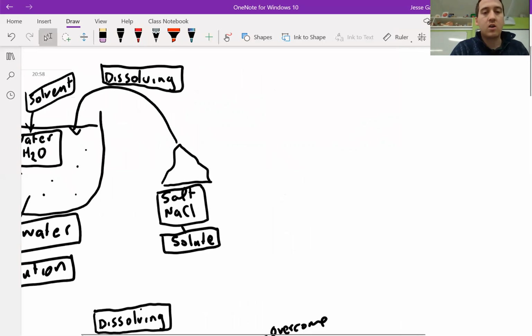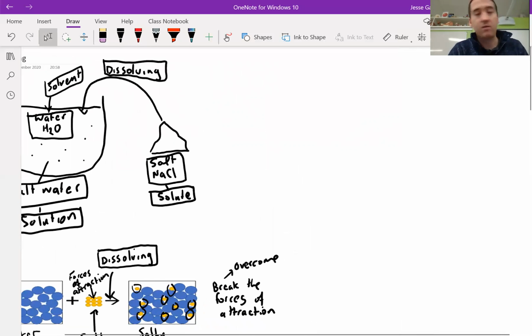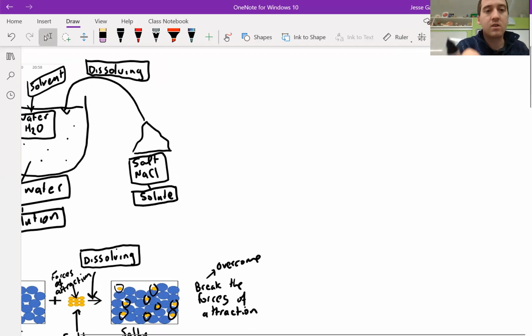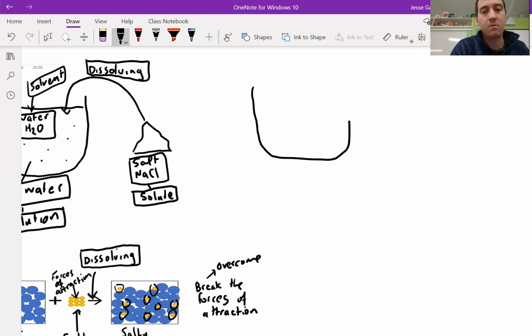Let's take a look at another example now. Imagine you want to make a cup of coffee. So you take your cup, it's got a handle. What do you need to make a cup of coffee?